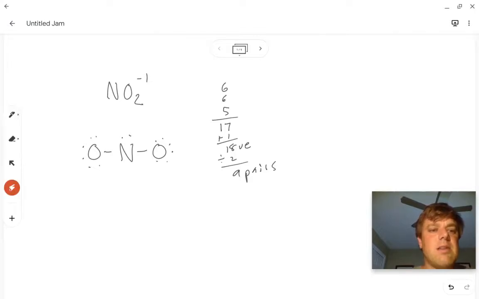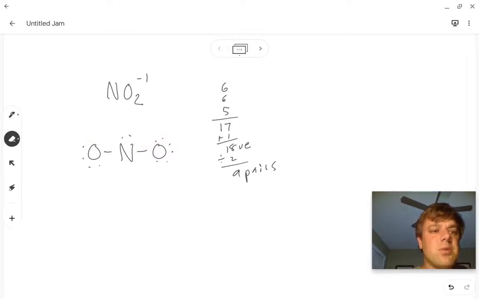And then we have a problem because the nitrogen is short a pair of electrons. It's only got 1, 2, 3 pairs, or 6 electrons, and the octet rule says you need 4 pairs, or 8 electrons. So we can borrow a pair from either one of the oxygens.